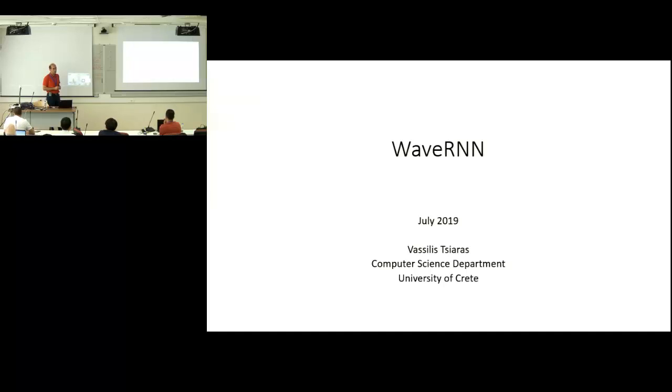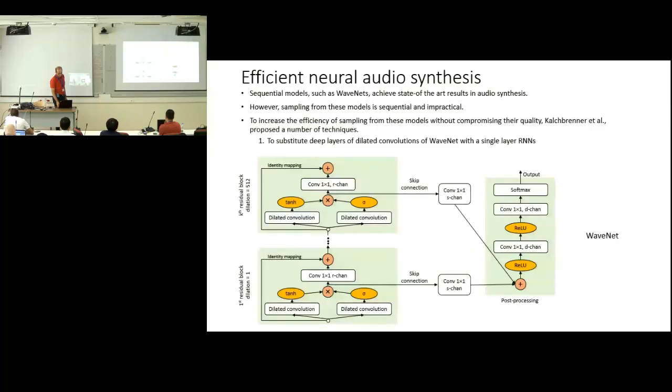For example, 3 seconds of speech you may generate in less than 3 seconds, which is practical. However, there are other more practical autoregressive neural vocoders. One of them is WaveRNN, which was proposed also by Karl Brenner and by the team of Google.